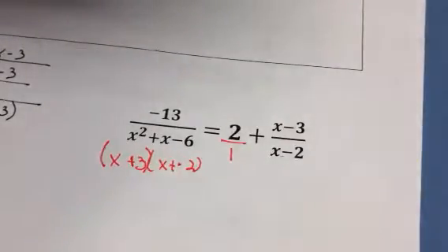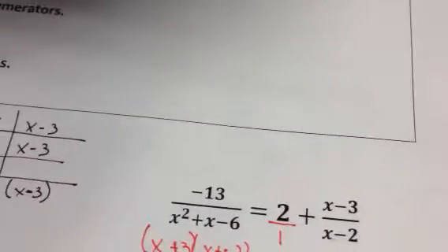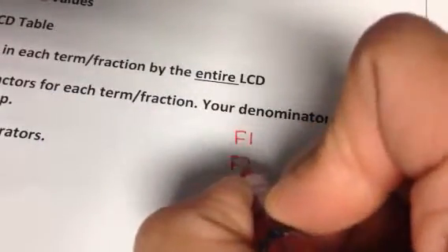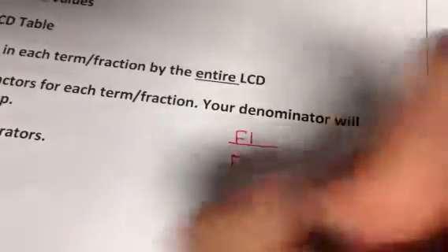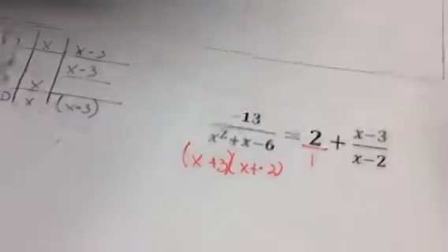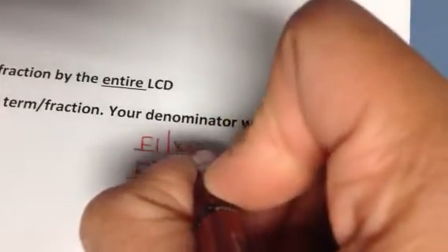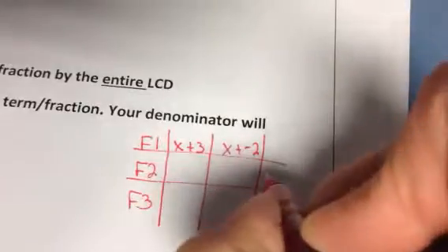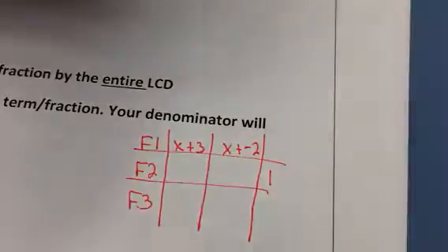So if you don't see your least common denominator, again, make your table. So I'm going to do that up here. Got fraction 1, fraction 2, fraction 3. Fraction 1, I would put an x plus 3 and x plus negative 2. Fraction 2 has a 1, but 1 doesn't change anything in factors.